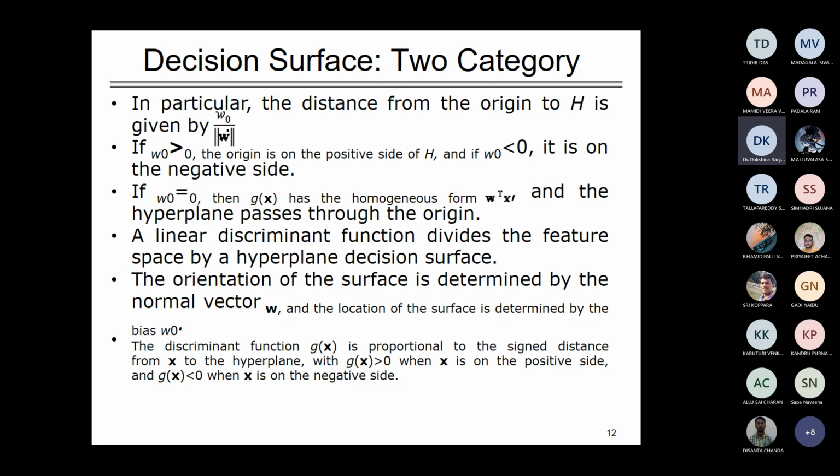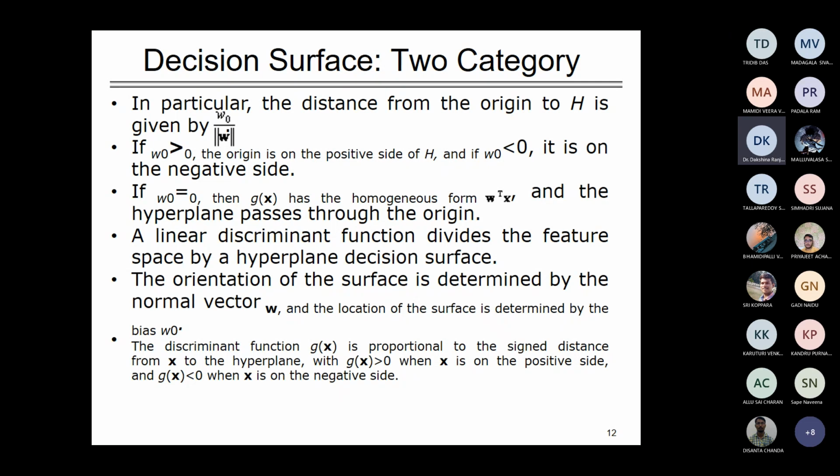And if we look at the location of the decision surface, the hyperplane, the location of the decision surface is determined by the bias w0. So what we have seen about the bias or the threshold value w0 is that whenever w0 is greater than 0, the origin will be on the positive side.